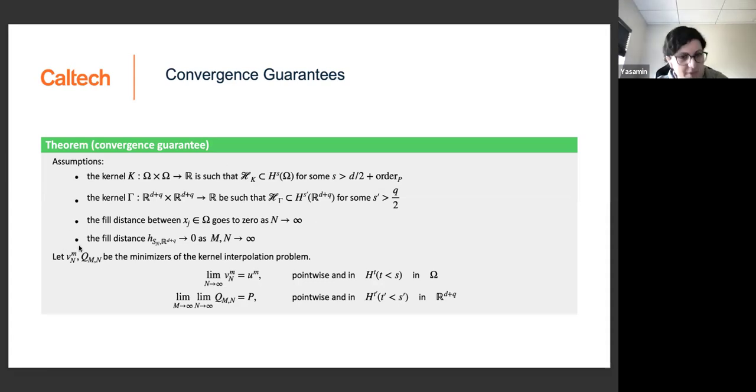Another assumption was that as we take the number of points, both in the domain of the solution functions and in the domain of the PDE function, to infinity, we essentially have to ensure that we're filling up the space with these points. There shouldn't really be gaps in these spaces.